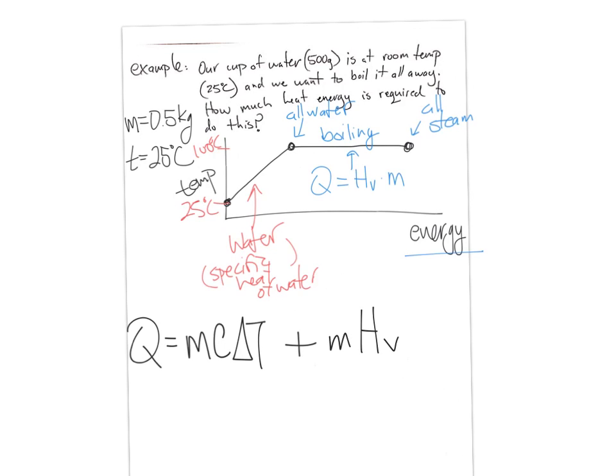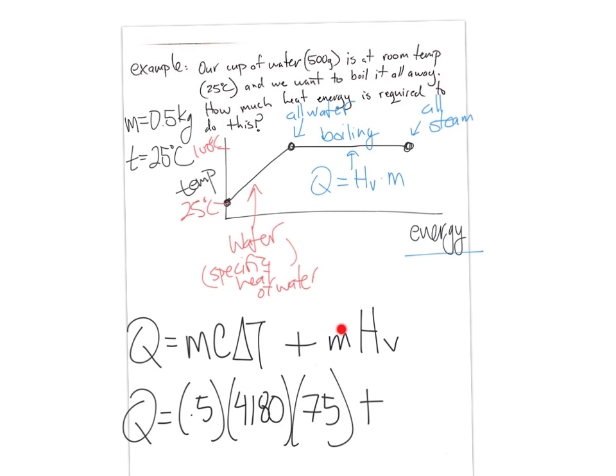Oh great, what are those values? I forget. So it goes like this. The amount of heat energy is our mass, which is 0.5 kilograms, times the specific heat of water, we were using 4180, sometimes you see 4187, times the change in temperature. The temperature is increasing by 75 degrees Celsius, which is the same as 75 Kelvin when we're talking about temperature change.